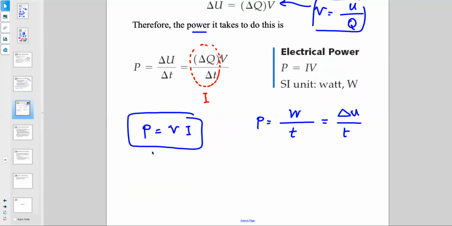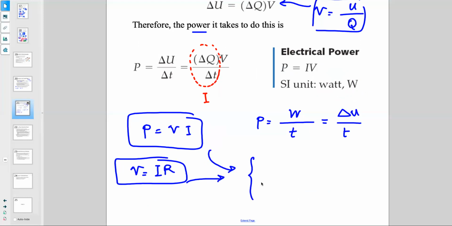Not only that, but I can remember that V equals IR. So I can combine these two and write it in different ways, and each way has its own features. If I combine these two, I can write P being equal to V, and instead of I, I can write V over R.